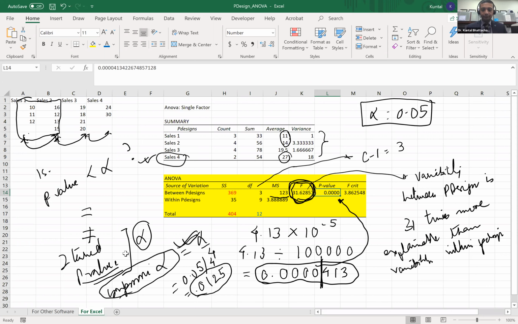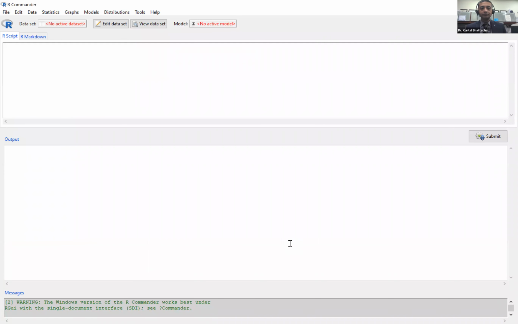Now, in R, if you open up R Commander, this is a hardcore statistics software. So this is much easier. It requires the data in its crude form.